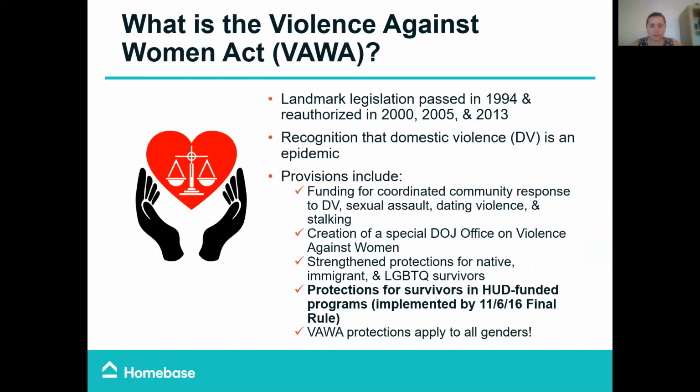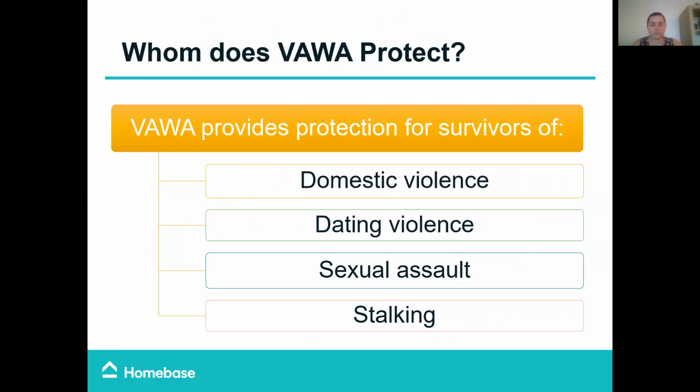Despite its name, VAWA protections apply to all genders. VAWA has a broad, inclusive definition of violence and includes protection for survivors of domestic violence, dating violence, sexual assault, and stalking. We'll use the term domestic violence as shorthand in this training.